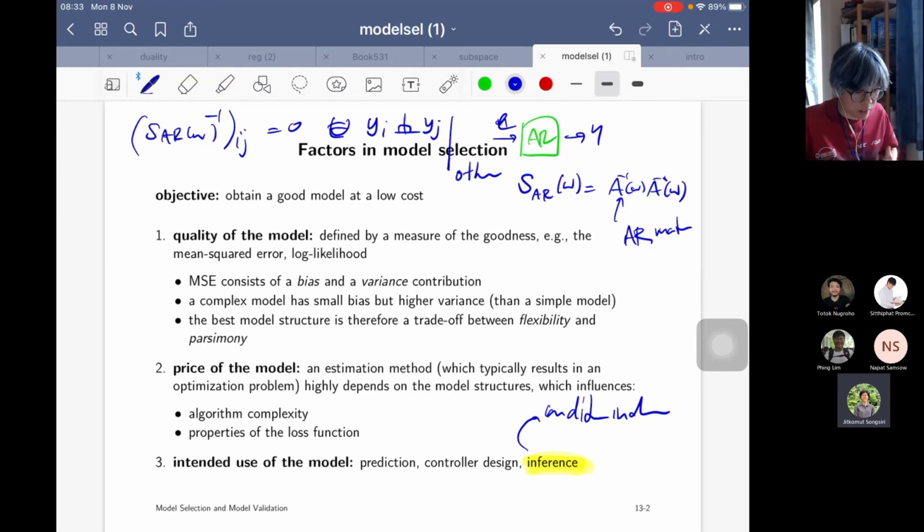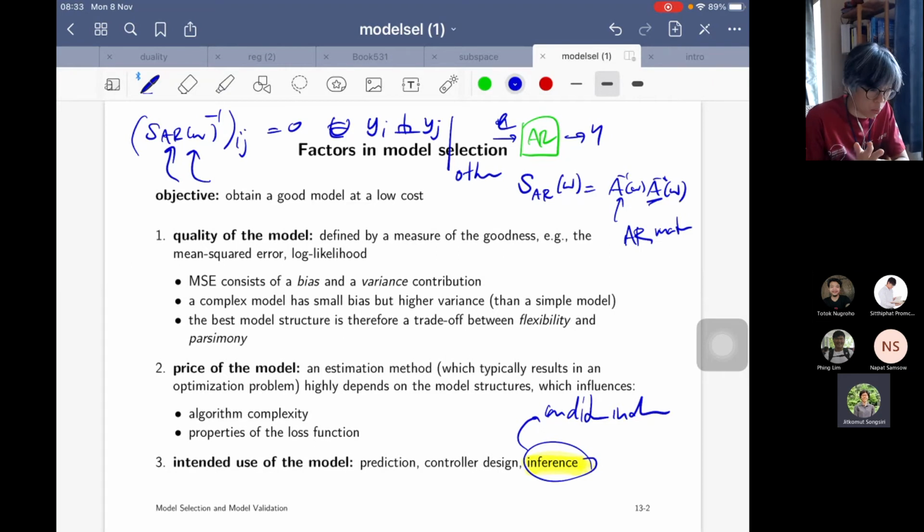So this is an example of an inference problem, because once you estimate the AR model parameters, you don't use the AR model for regression purposes. You actually use the model parameters to calculate some function of the model parameters. Here, some function means that you calculate the inverse spectrum.